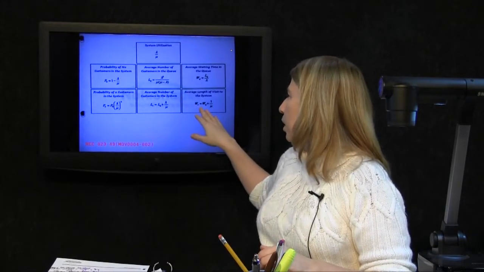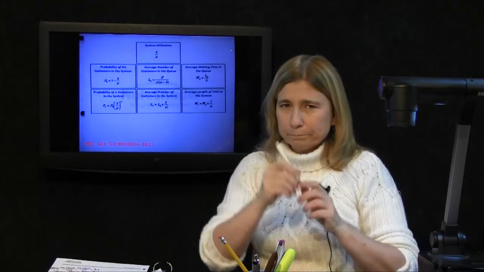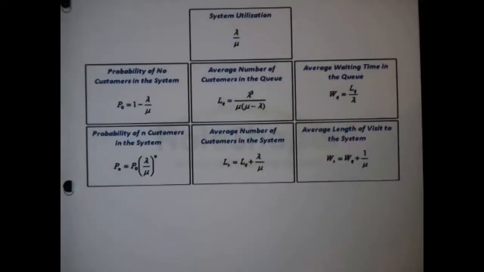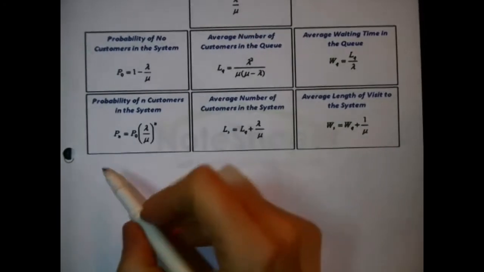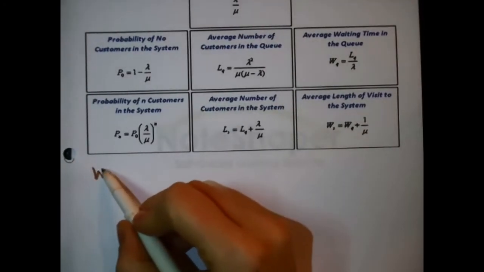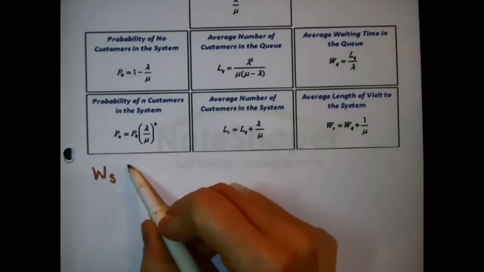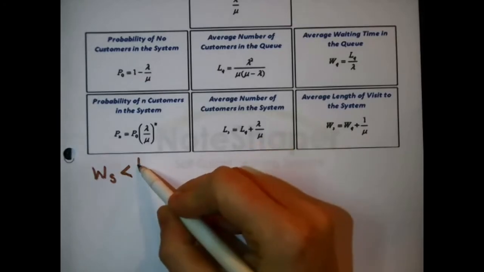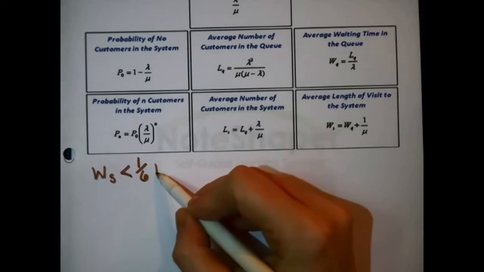This is the formula that we're interested in particular, W sub S. The other way to do it is just logic, really. TSA says they will be happy if W sub S is less than 10 minutes, which is 1/6 of an hour.